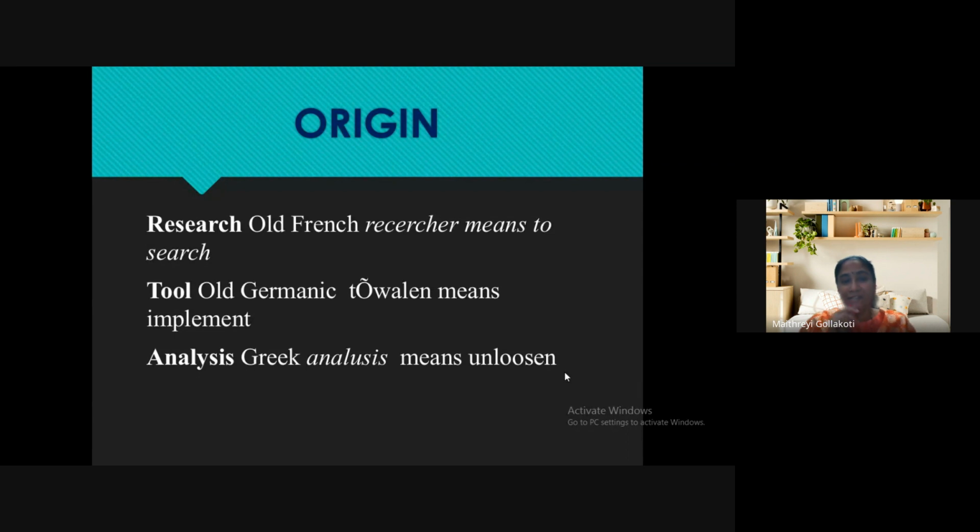The word analysis comes from Greek language. The root word is analysis, which means unloosen, to unravel, to find out. So, research means to search, tool means an implement, and analysis means to find out. So, these are the origin of the three words in our topic.